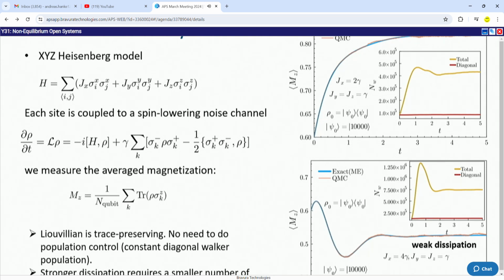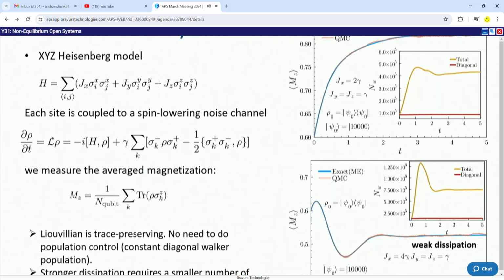We can see a perfect agreement with the exact solution. And in the inset figure, we plot the number of workers used in our system over the course of the simulation time. We know that because the Liouville operator is trace preserving, which is a very prominent feature in our algorithm, we do not need to do any sort of population control as in other population dynamics, because the sum of all those diagonal populations is always preserved by the nature of the Liouvillean superoperator.